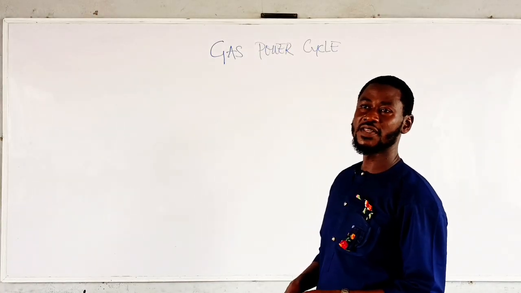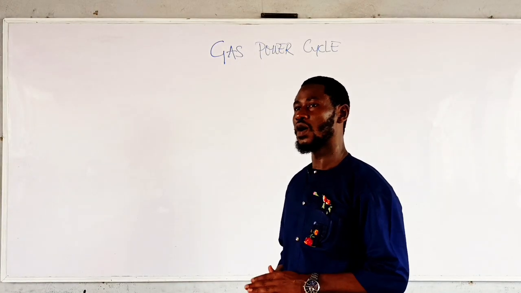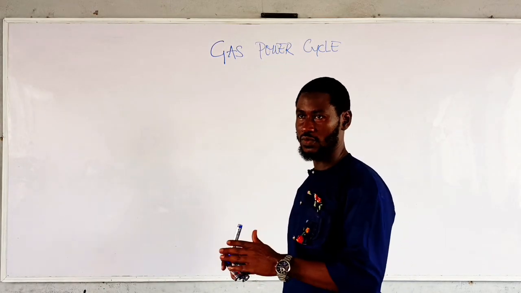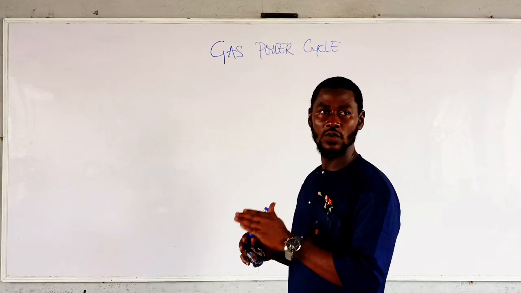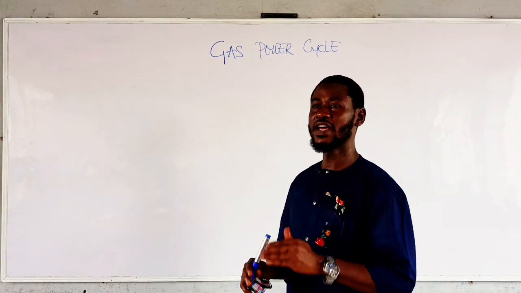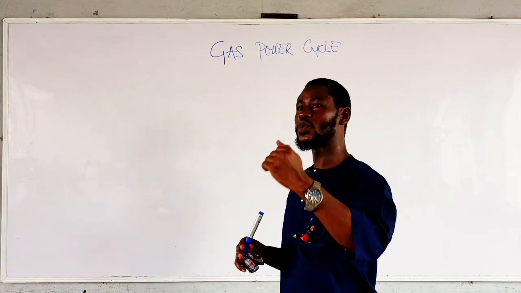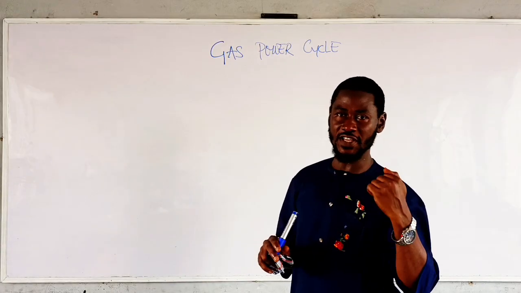Now we are still on the cycle analysis of the Carnot cycle. We have done stage 1, which is process 1 to process 2. The next one we are moving to is stage 2, which is process 2 to process 3.